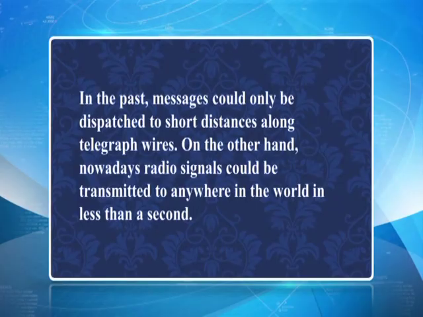In the past, messages could only be dispatched, which means to send off, to short distances along telegraph wires. On the other hand, nowadays, radio signals can be transmitted to anywhere in the world in less than a second. Did you see how I wrote it? You have to write your answer in this way. Do not write in points.